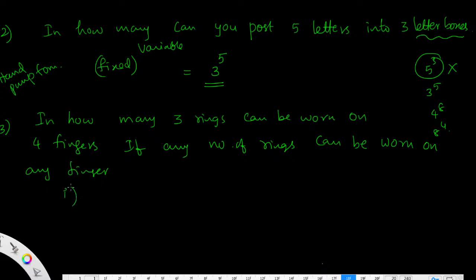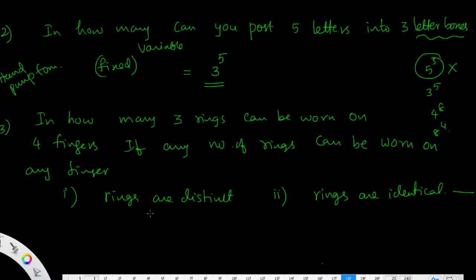First one, rings are distinct. Second one, rings are identical. Two questions are given in this question.